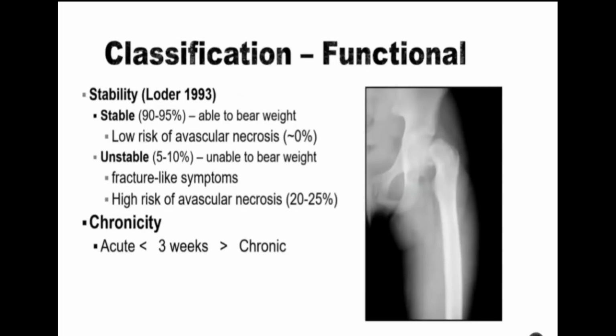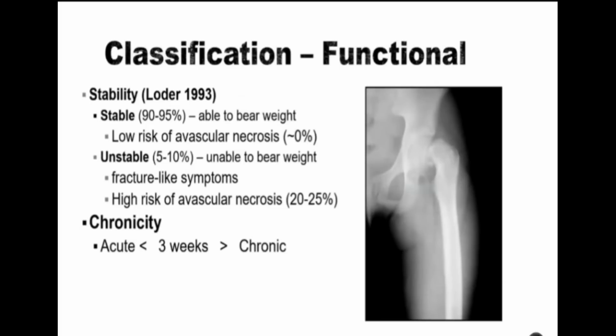Although deformity is really important, probably the most important thing to an orthopedic surgeon is stability. We want to know, is it a stable SCFE or an unstable SCFE? Most are stable. They are able to walk, they just have some hip pain.